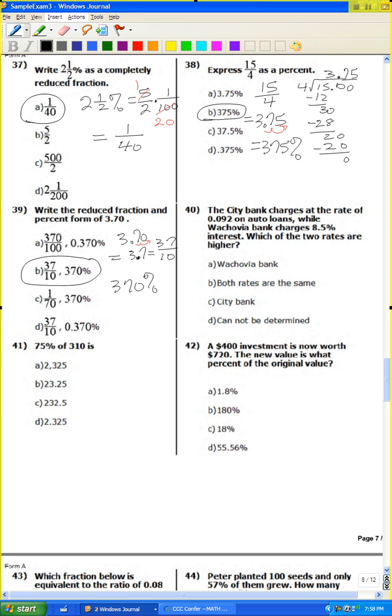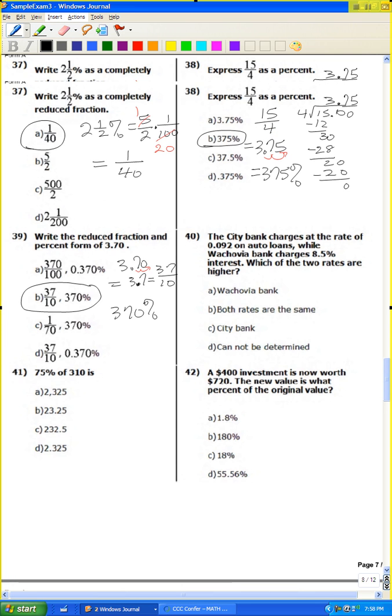Let me do problem number 40. Citibank charges a rate of 0.092% on auto loans, while Wachovia Bank charges 8.5% interest. Which of the two rates is higher? Well, let's rewrite 0.092 as a percent. And so let me move my decimal 2 places over.